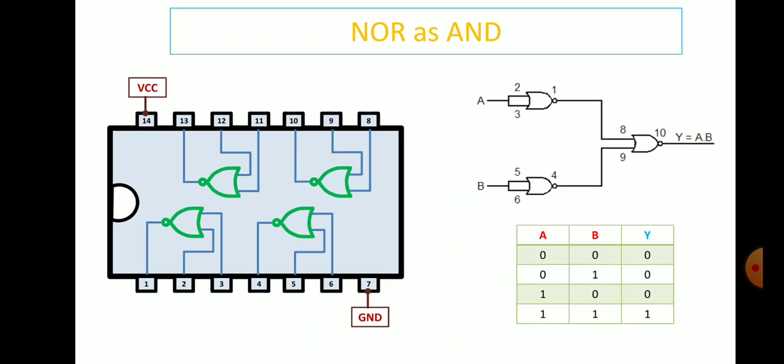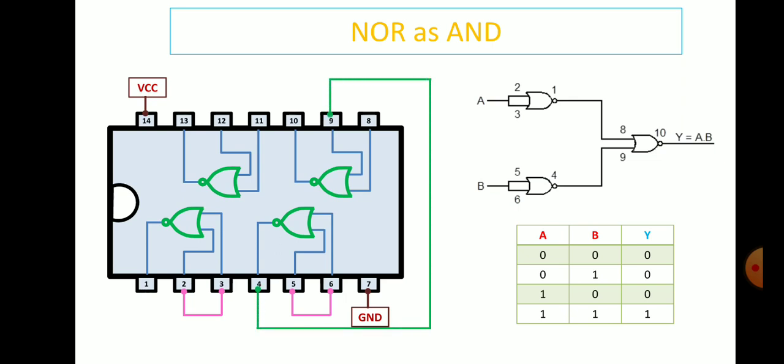So, we will provide connections. Pin number 2 and 3 are interconnected and also pin number 5 and 6 are interconnected. Then pin number 1 has to be connected to pin number 8, and pin number 4 has to be connected to pin number 9. Now, pin number 4, the green line, is connected to pin number 9.